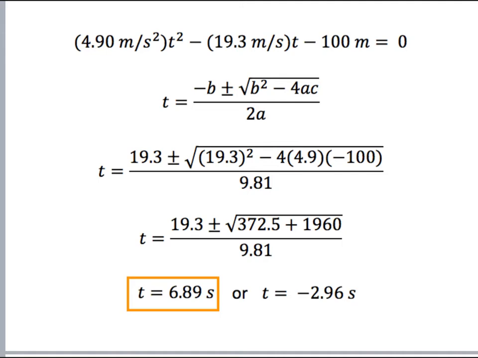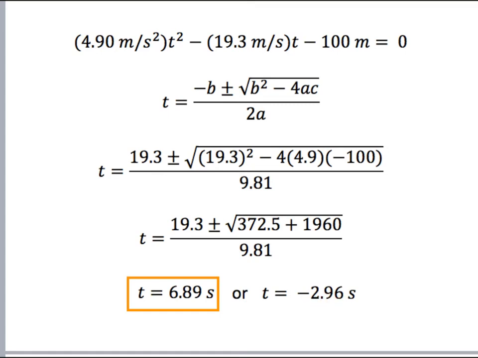And so when you square this out and multiply these together, you get t is equal to positive 19.3 plus or minus the square root of these numbers, all divided by 2 times 4.9, which is our 9.81 that we got. And then when you apply the quadratic formula and you simplify, you get two roots. You get 6.89 seconds, or you get minus 2.96 seconds.